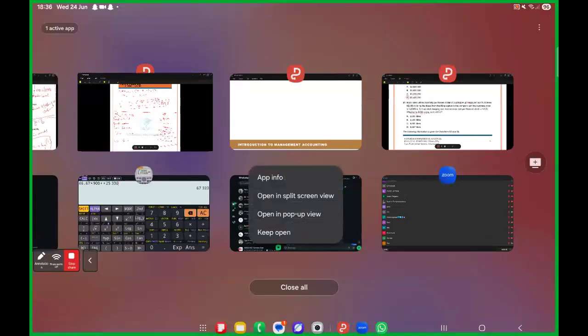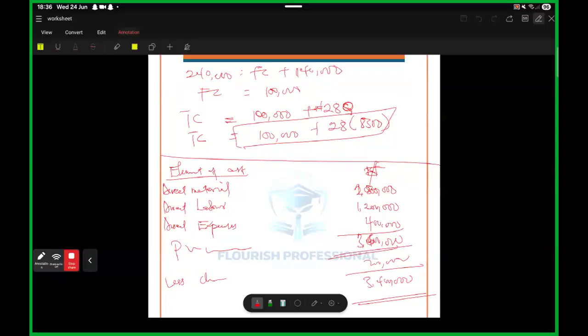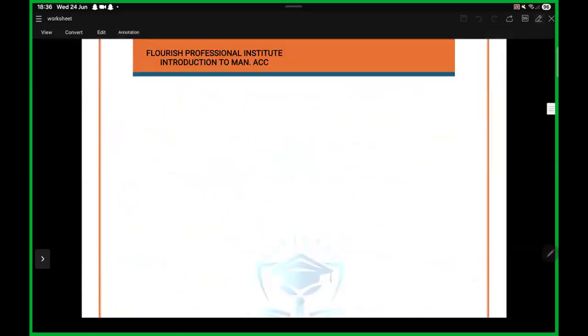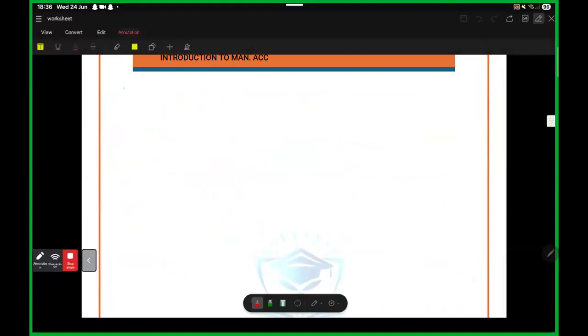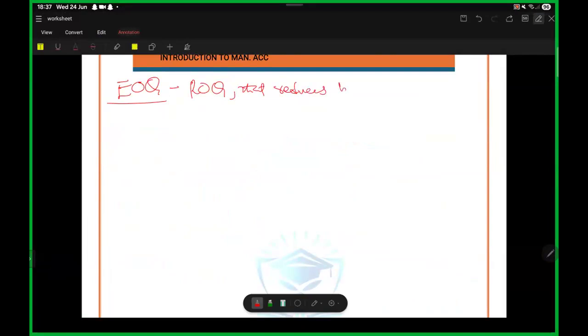So I'll continue from this board. Okay, we are talking about the economic order quantity, and this is mostly under inventory control. With the economic order quantity, we said it is the reorder quantity that minimizes both the holding cost and the ordering cost of inventory.